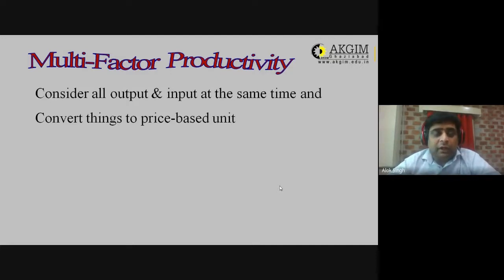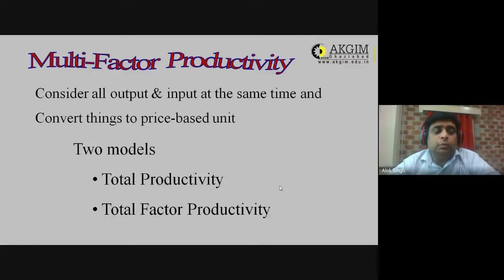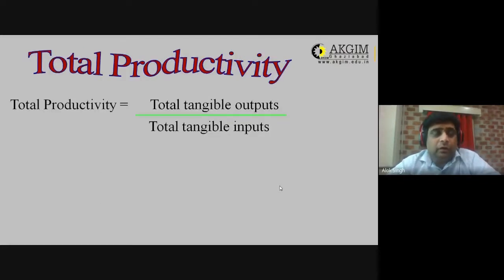So there are two types of variations, two models: you may calculate total productivity or you may calculate total factor productivity. What is total productivity? As I have told earlier, total productivity in terms of product only, like crude oil production, which is extracting some product.